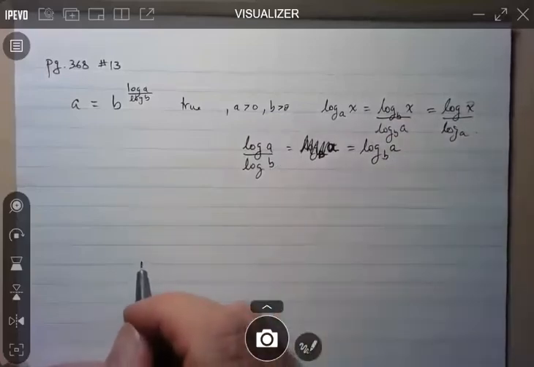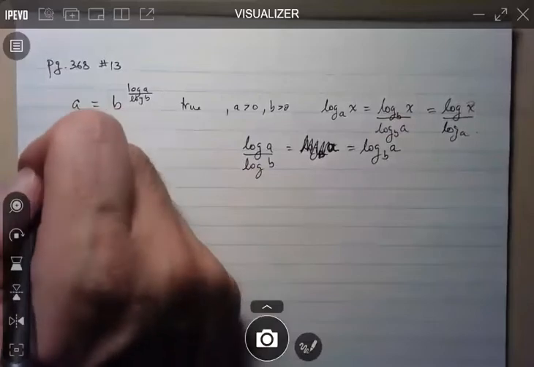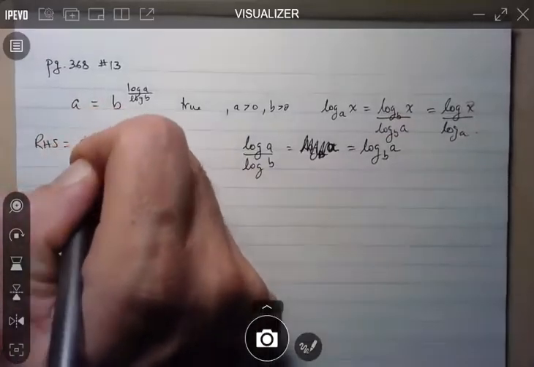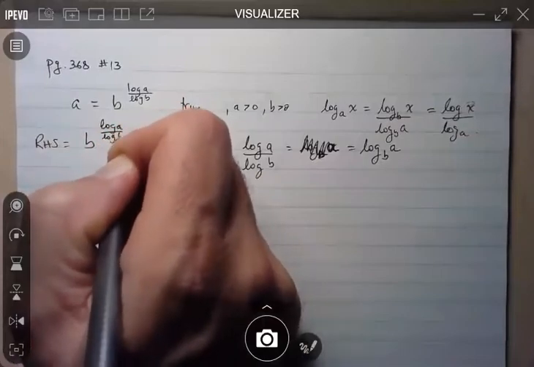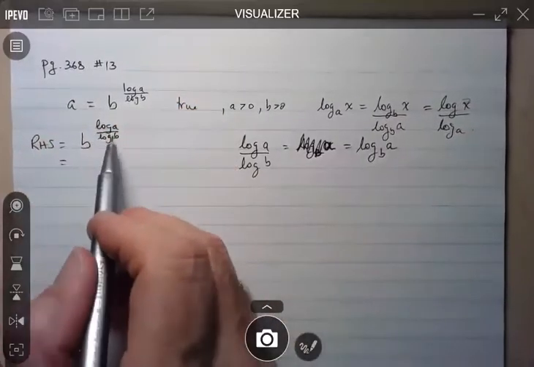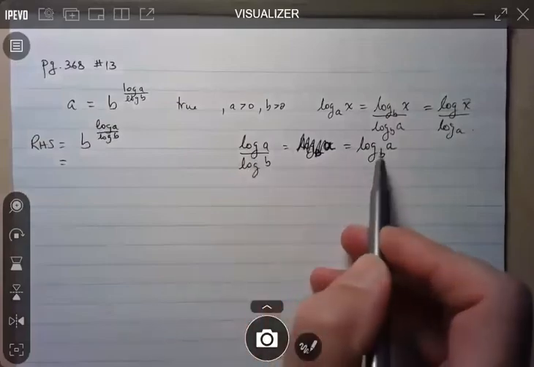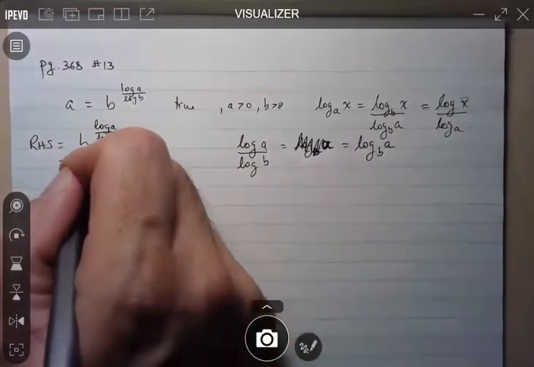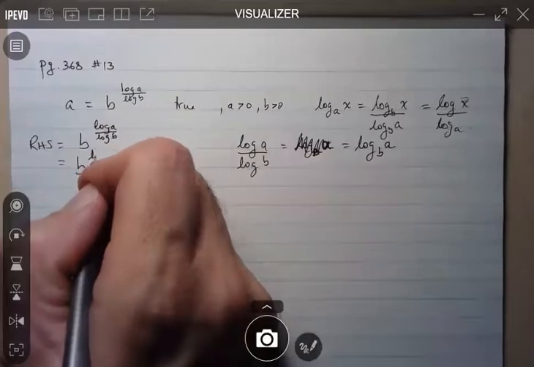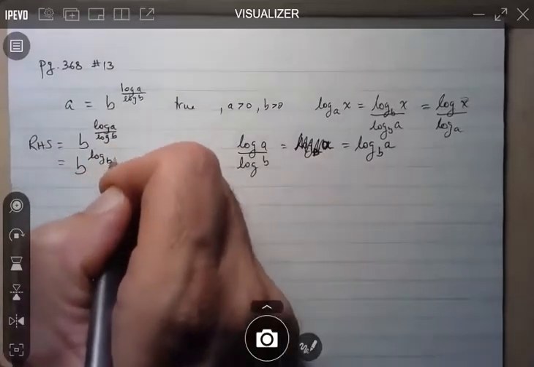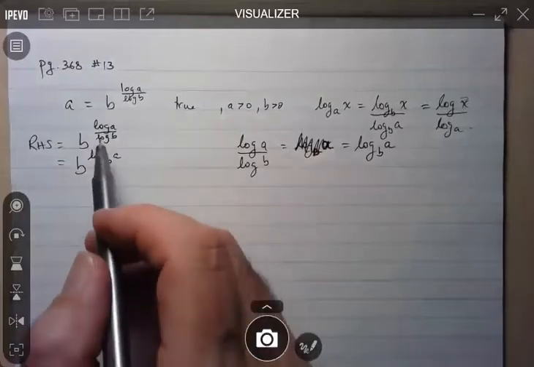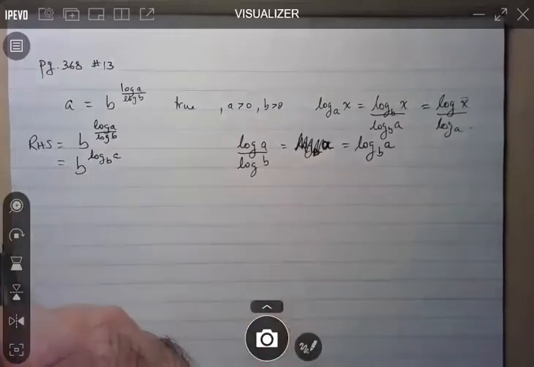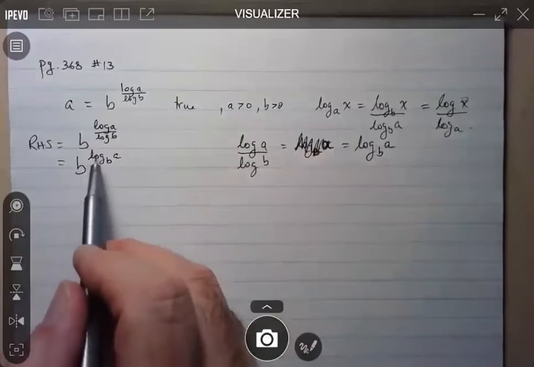Okay, so now I can take the right-hand side, which is B to the log A over log B, and replace this exponent with what it's equal to, which is B to the log base B of A. But now that I've done this replacement, I notice that these two functions are inverses of each other.